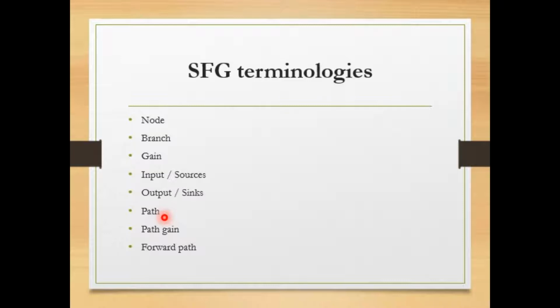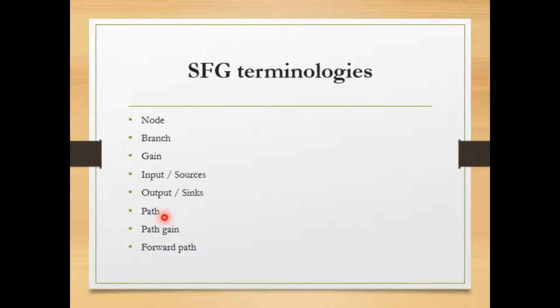Whatever path we consider from one point to the other, the gain of that particular path is the path gain. Sometimes the path can be either open or closed. An open path will start at one node and end at the other node, whereas a closed path starts and ends at the same node. So a closed path is nothing but a loop.